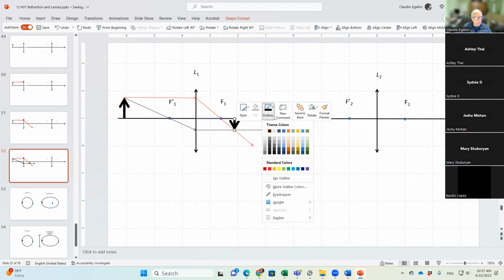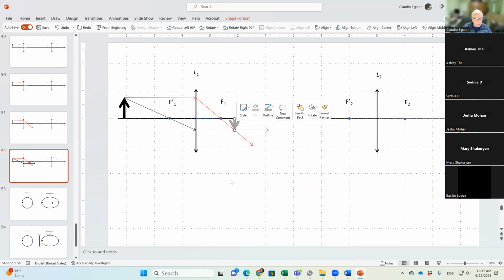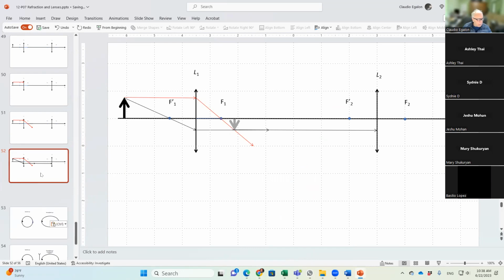I'm going to dash it. No, that's not good. Yeah, it looks like I'll have to just make it gray, right? And now I can go ahead and form the image that the second lens is going to form, right?